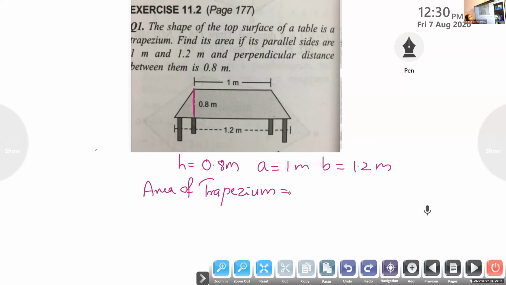Alvin, what is the formula for area of trapezium? Alvin, unmute and say. Area of trapezium is? And 1 by 2 into b1 trapezium.